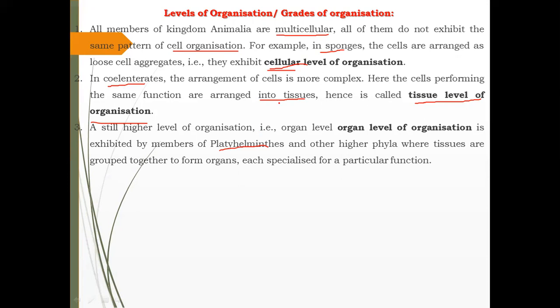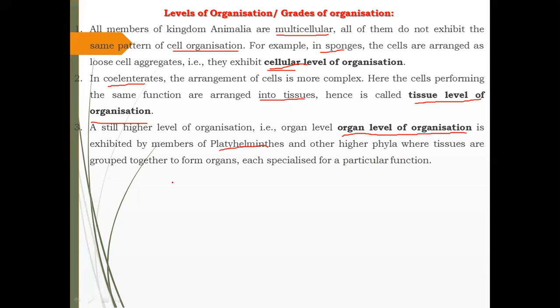Then internally you can easily find some microscopic cells present, that is formation of organs together with a number of tissues. Then they make organ level of organization. Do you understand?